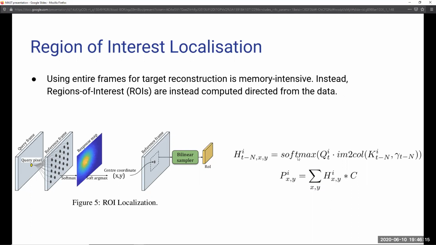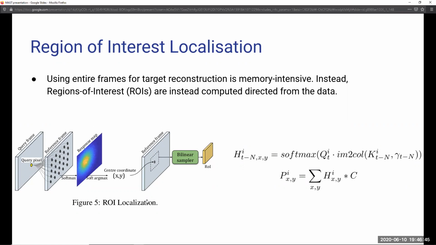It's used in a way that both query and our key, for both short-term and long-term memory, are used. N represents the number of previous frames. So here we have a softmax of Q and K, which creates our heat map, which contains affinity scores.